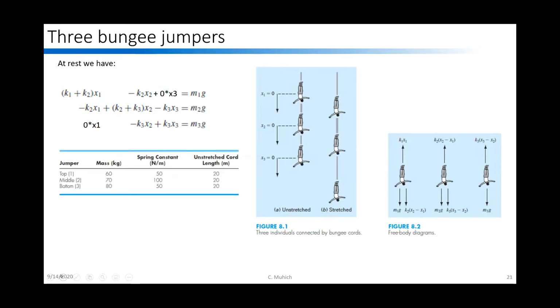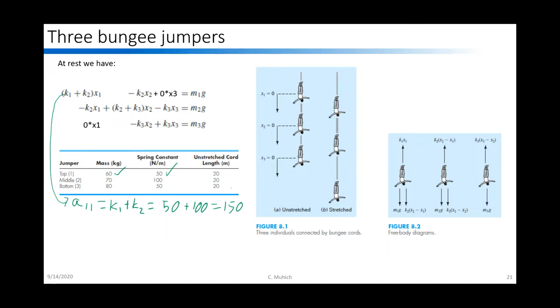So going back to that original problem, we listed what our masses were and what our different spring constants were. So we can look, for example, at what a11 should be, which is k1 plus k2, which is 50 plus 100 from our table, which should be 150.